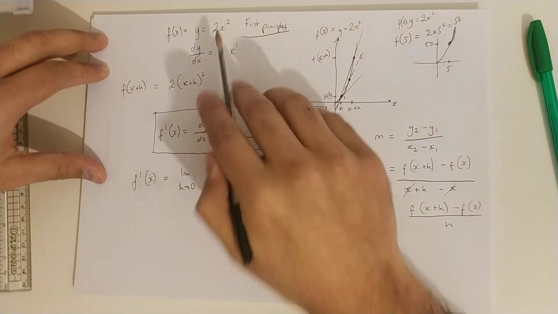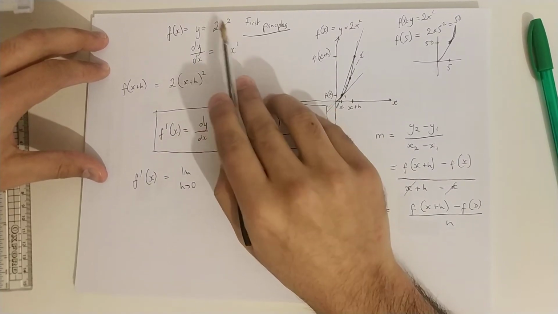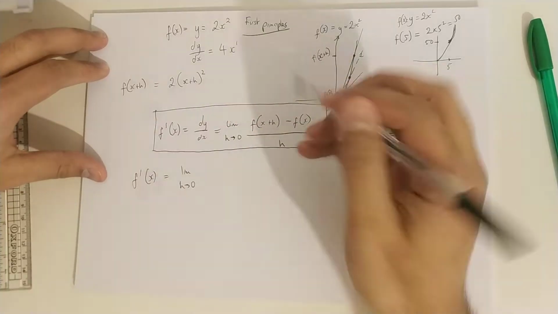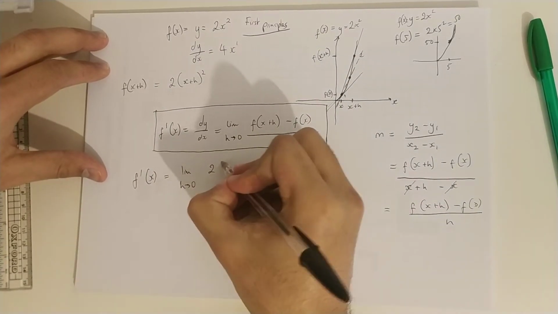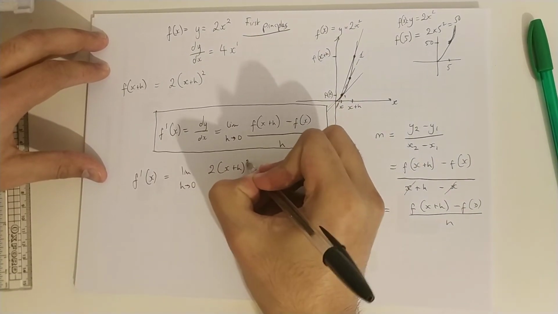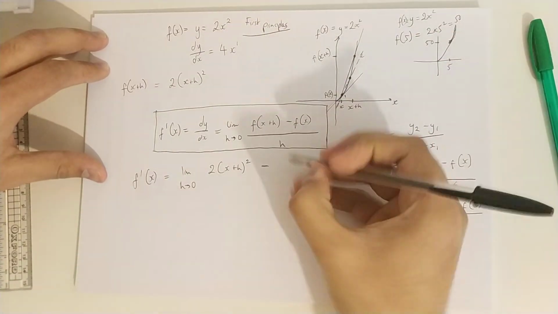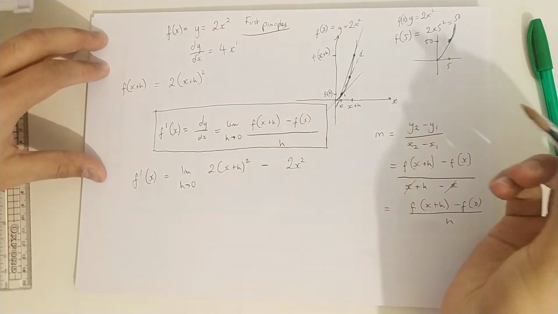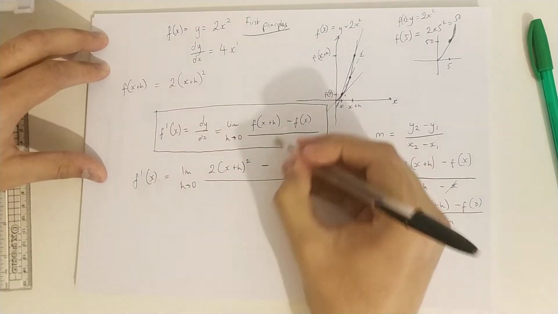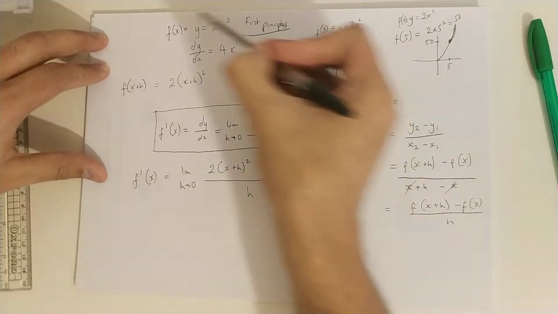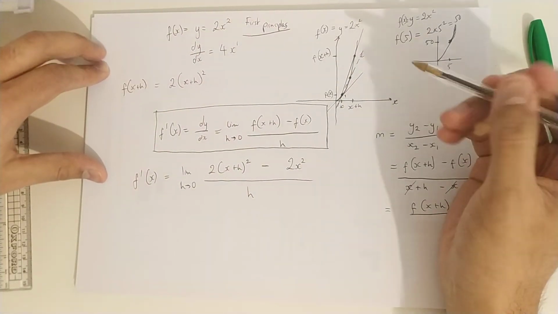I've replaced this x and this x with an x plus h. So I've got this now, and I'll put that in there. I'm going to subtract this f of x, which is easy, it's just that. Divide that by h. Remember, this f dash of x is strictly for this particular example.